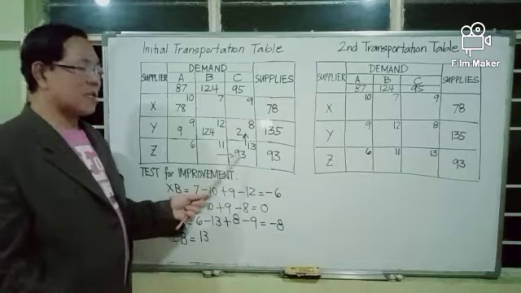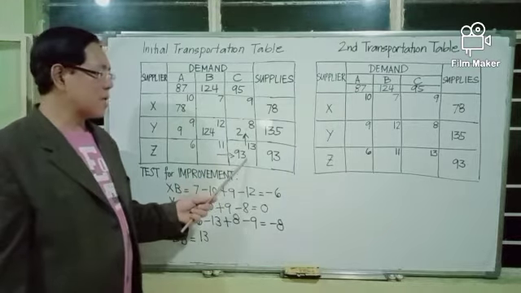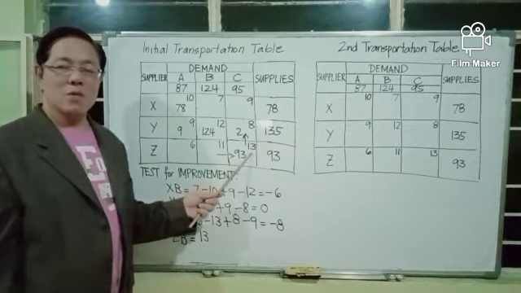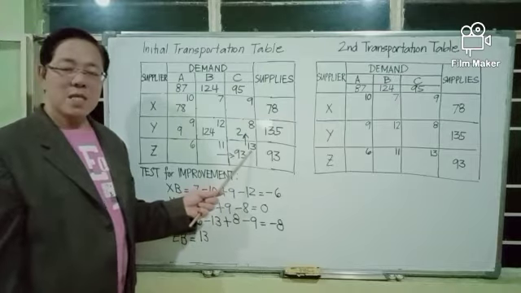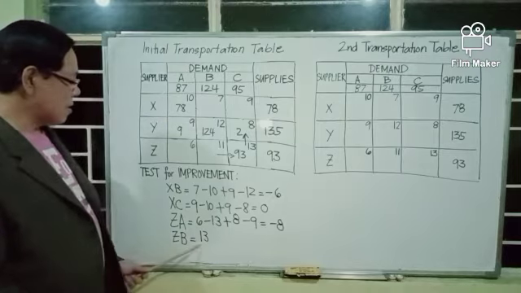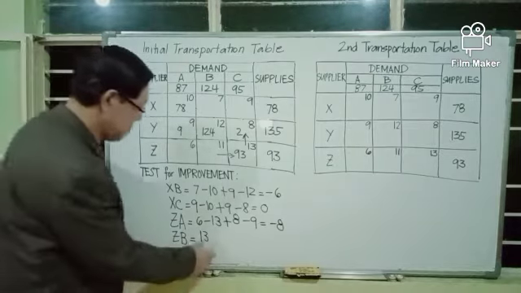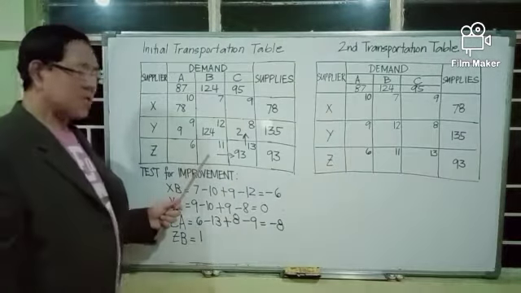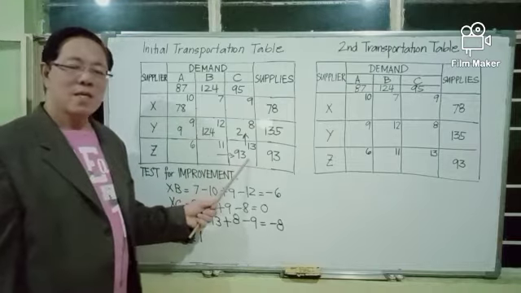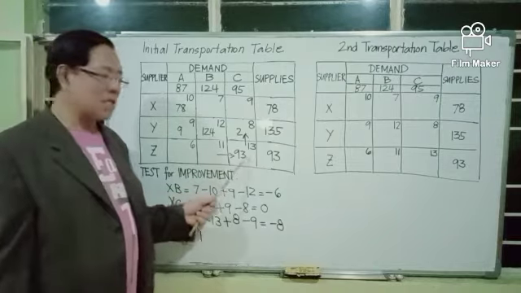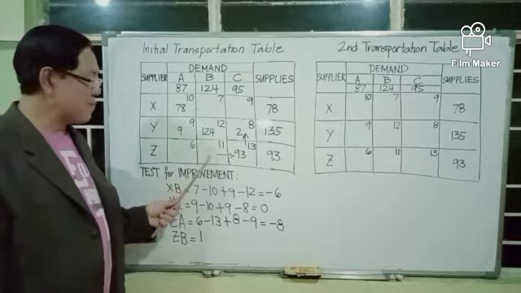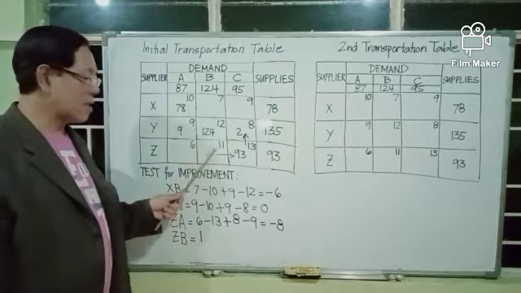The cost associated with this vertical movement from 93 to this cell with 2 units is the negative of the cell cost where we originated. Negative of 13, minus 13. Sorry, this cost should be 11. We originated from this vacant cell and we move horizontally to the right. The cost associated with this movement is the positive of the cell cost where we originated, and the cell cost of this cell is 11.